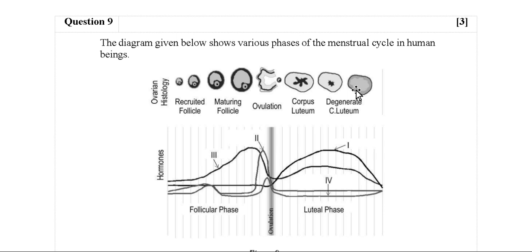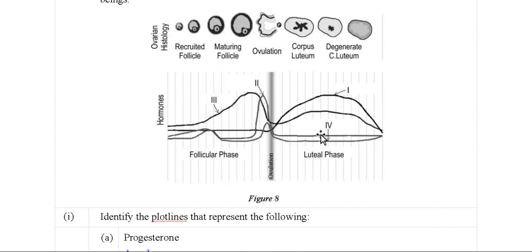The diagram given below shows various phases of the menstrual cycle in humans. In one part they show the stages of the ovarian follicles, the development of the eggs, or the rupturing of the eggs, what is happening inside the ovarian follicle.